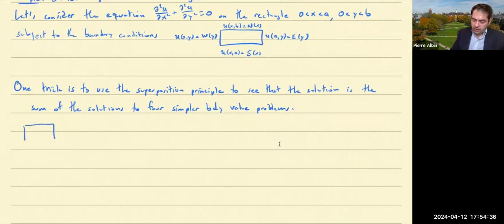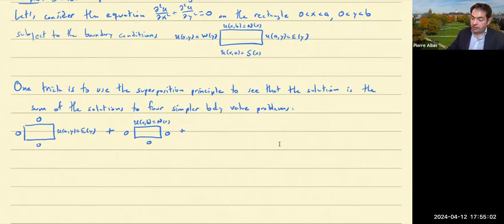Let's start with the right boundary. Let's keep that one. So I'm going to put 0 boundary conditions everywhere else. And then here I'm going to put that this is equal to e of y. And then we're going to add the solution to, so now let's put 0 everywhere except at the top. So we'll put the boundary condition here.